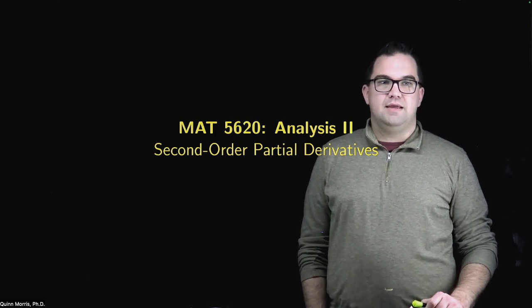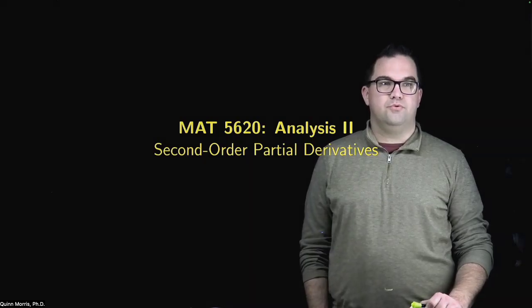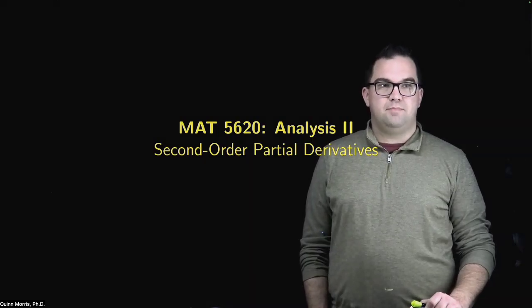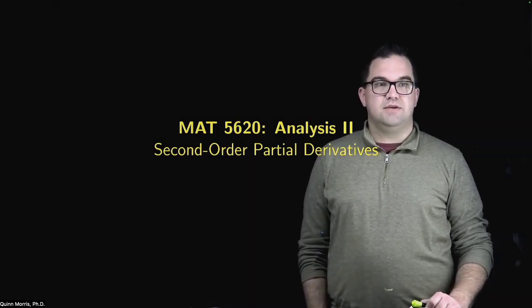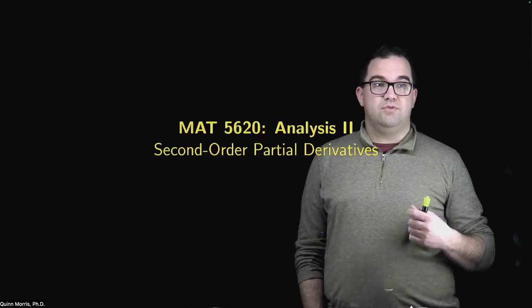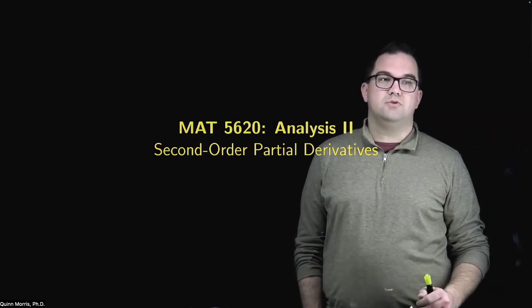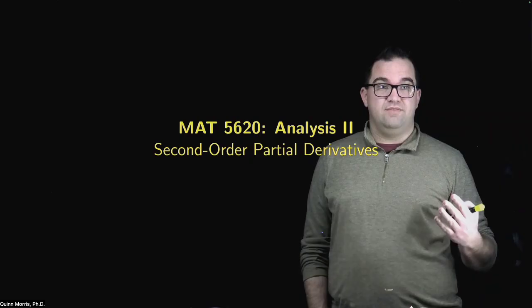Hi, everyone. In this video, we will begin our discussion of second-order partial derivatives. We've spent the past several videos discussing first-order partial derivatives. For example, taking the derivative with respect to a particular variable of a multivariable function, or taking directional derivatives.